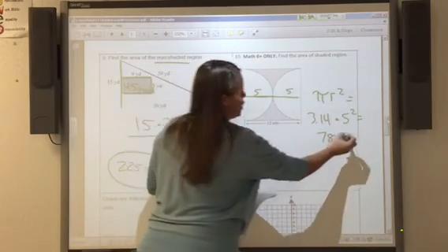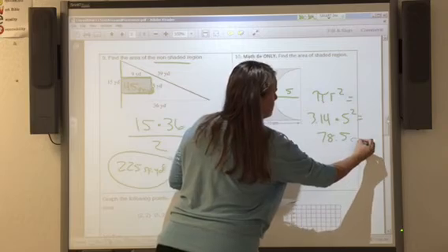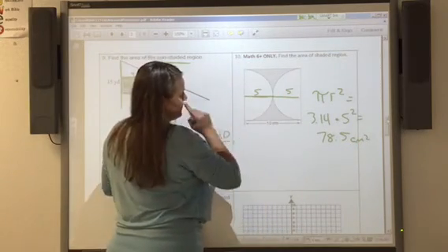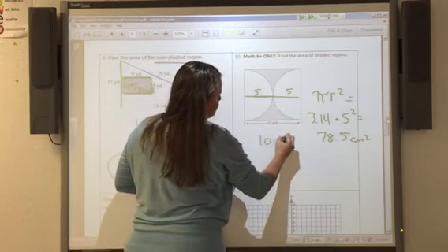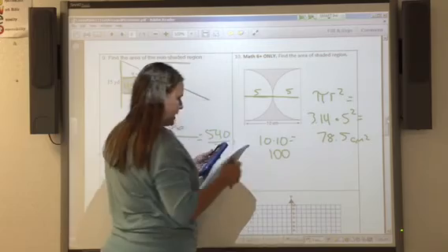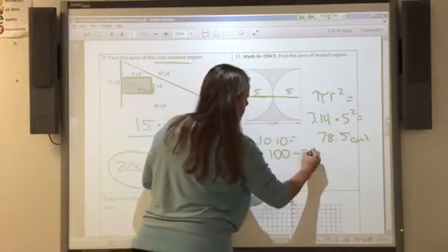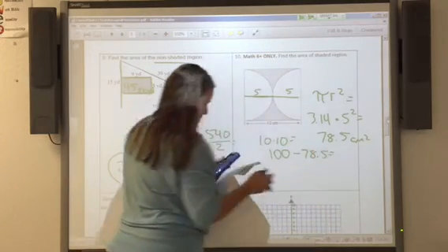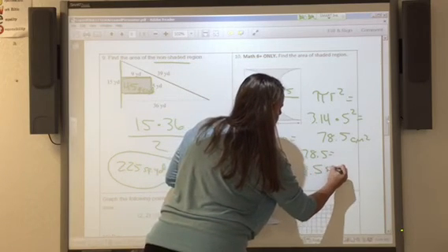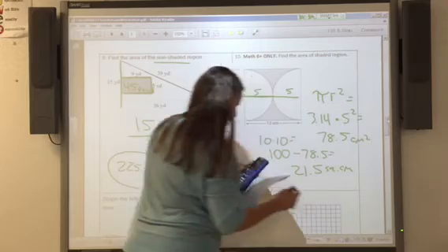So that's the total for this area of the circles. And I'm going to do the same thing, I'm going to find the area of the square, which is going to be 10 times 10, and that's going to be 100. So 100 minus 78.5, and that's going to be 21.5 square centimeters.